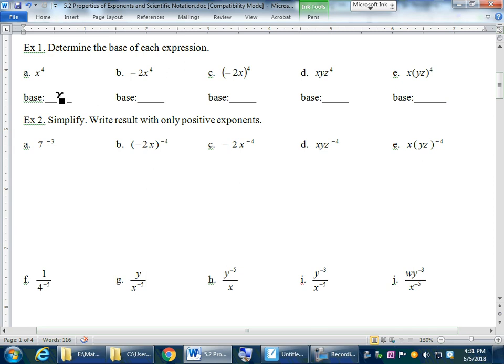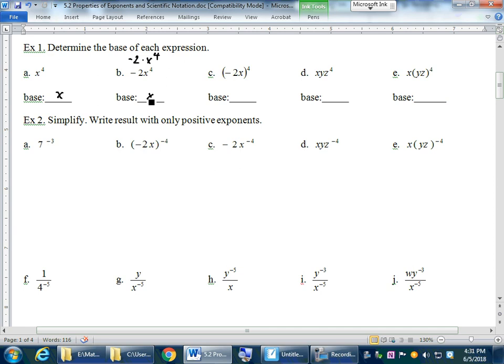For the second example, what is my base? You look at this one as negative 2 times x to the 4th power. So again, my base of exponent 4 is x only.